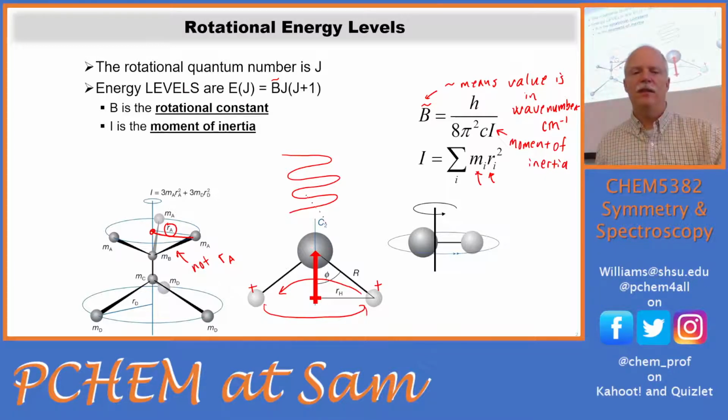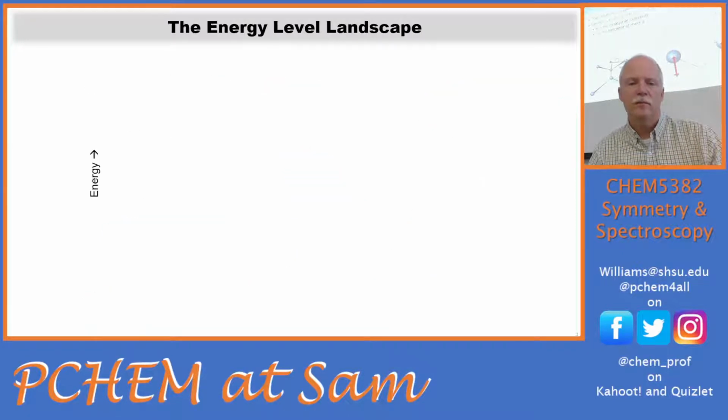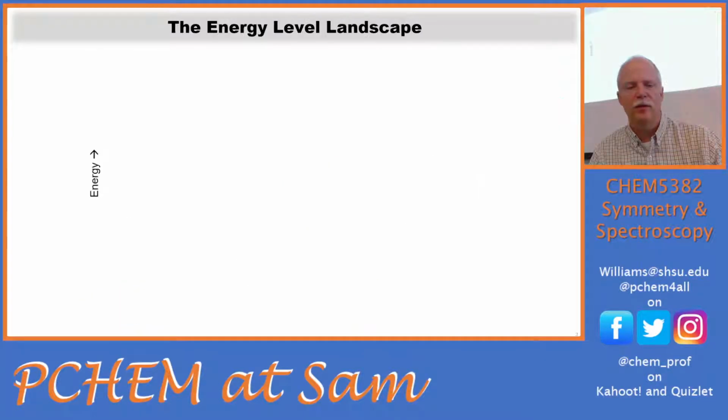And so just knowing about the way light interacts, this is a plus, this is a minus, as it's coming along into this axis, it has nothing to interact with. Whereas if it's like a diatomic, and you have a partially positive end and a partially negative end, and you have that dipole, then light has something to interact with. And so we'll explore that some more in a minute.